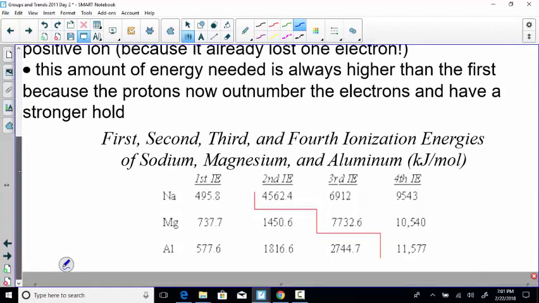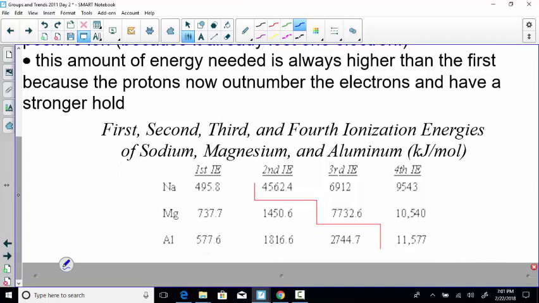And if you start looking at these, this is first, second, third, and fourth ionization energies of 3 different elements: sodium, magnesium, and aluminum. One of the things that you should look at is that these are in period 3.